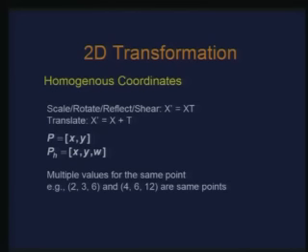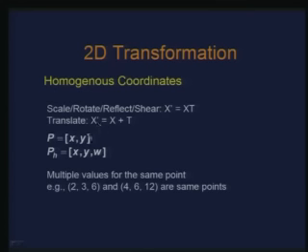Transformations like scale, rotate, reflect, shear are captured in the transformation T as a matrix, which we multiply to X. Whereas in the case of translation, with the offset given as the translation vector T, we need to add that to the point X to get X prime.